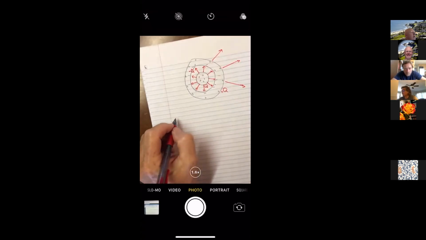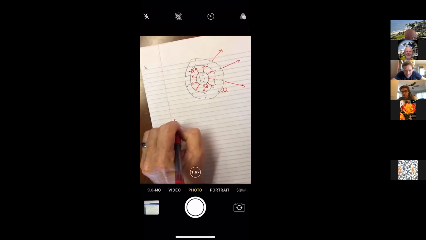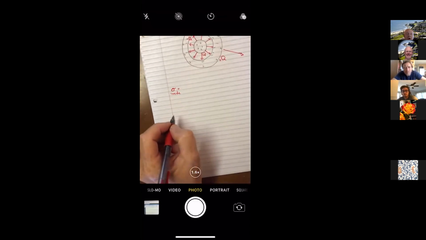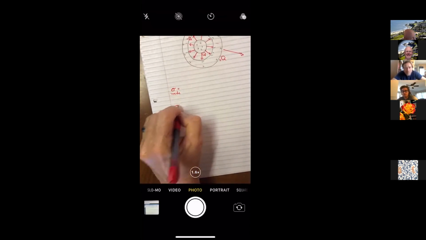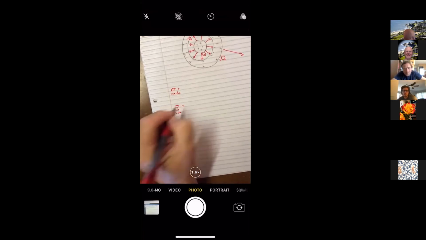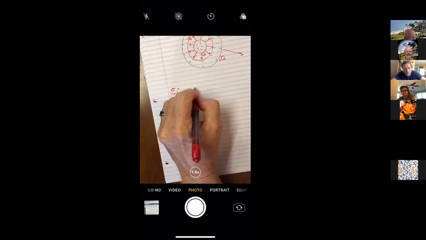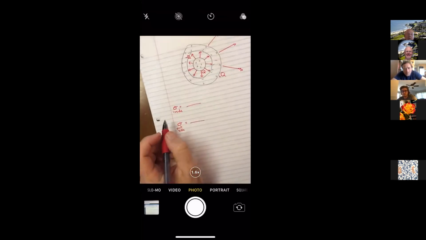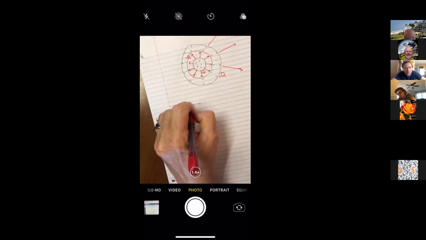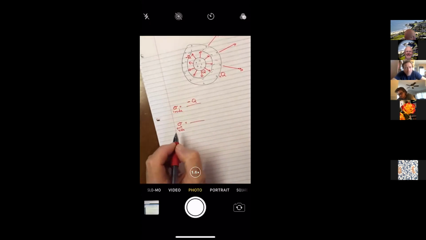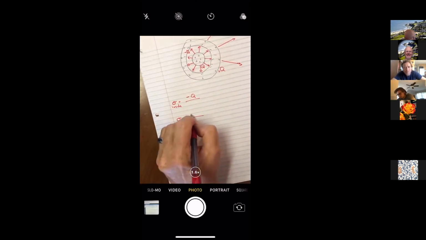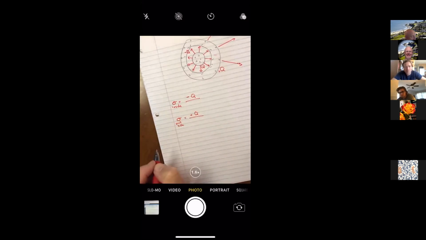So if I was looking for, let me just read it here, it says determine the charge per unit volume. So they're after the sigma, and I'll say on the inside piece, but they're also after the sigma on the outside. So on the inside, the charge, as I just mentioned, is a negative Q. And on the outside, the charge is a positive Q.